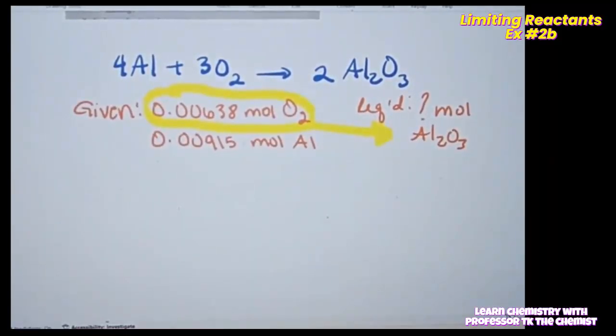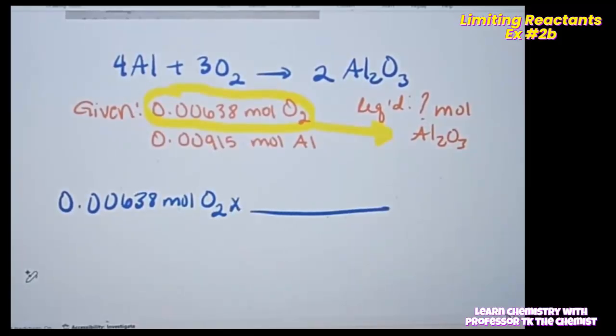Since we already know that 0.00638 moles of oxygen is the limiting reactant, I'm going to convert that to the moles of aluminum oxide, because that's what they're asking me to do.